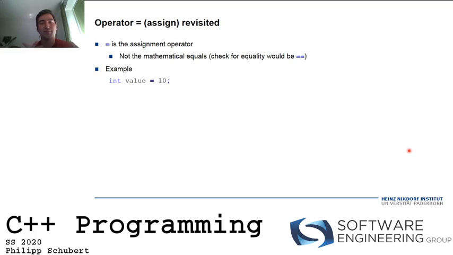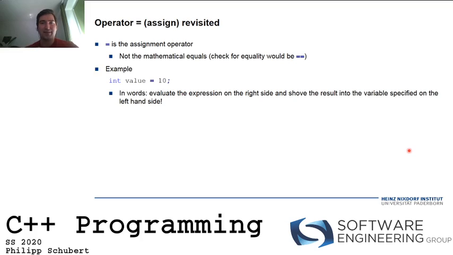Here we have an example where we declare an integer variable by the name of value, and we assign the value 10 to that variable. So we initialize it really with the value of 10. And what does it mean in detail? What it means is basically, on the right-hand side of the assignment operator, we have an expression.